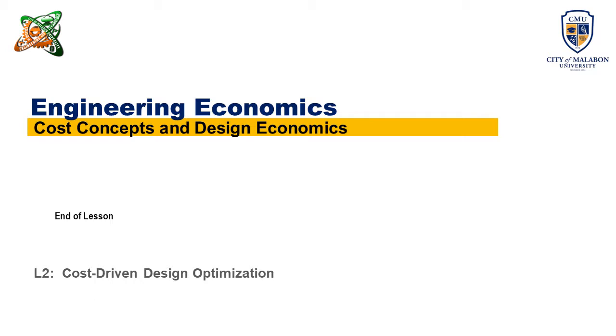Then we discussed the tasks involved in optimizing costs. We have presented the general approach in this design optimization, and we have illustrated cost-driven design optimization in this particular aircraft problem.